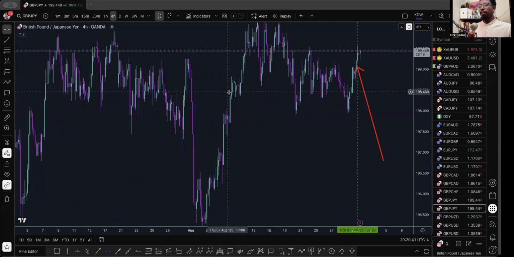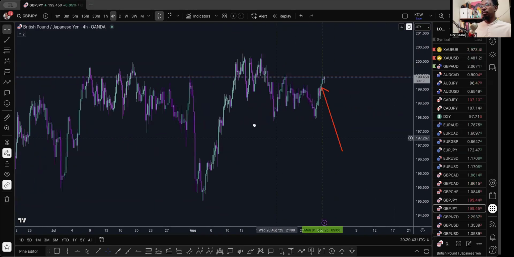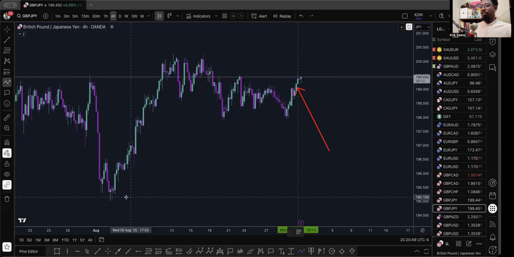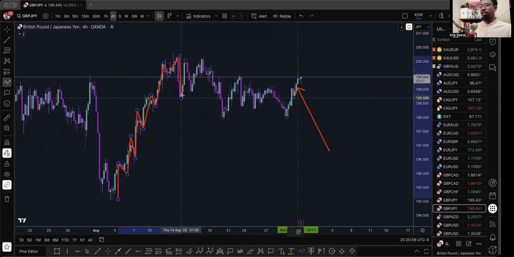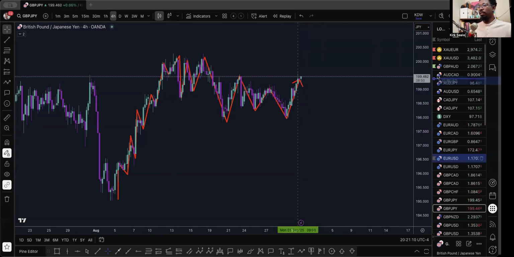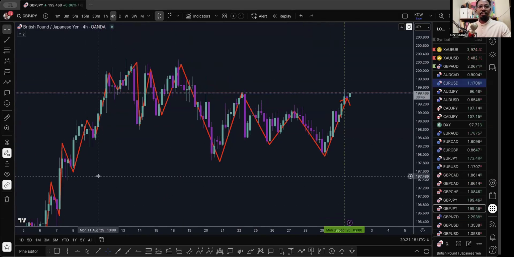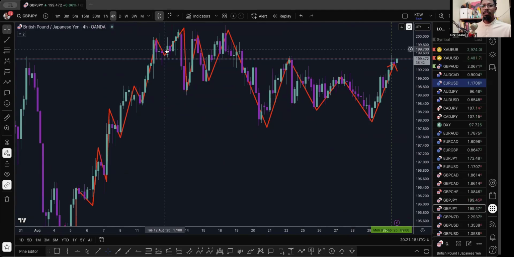All right, now let's see what we're looking at. If price was trading up and down this whole time, we can see that price clearly was going up over here.